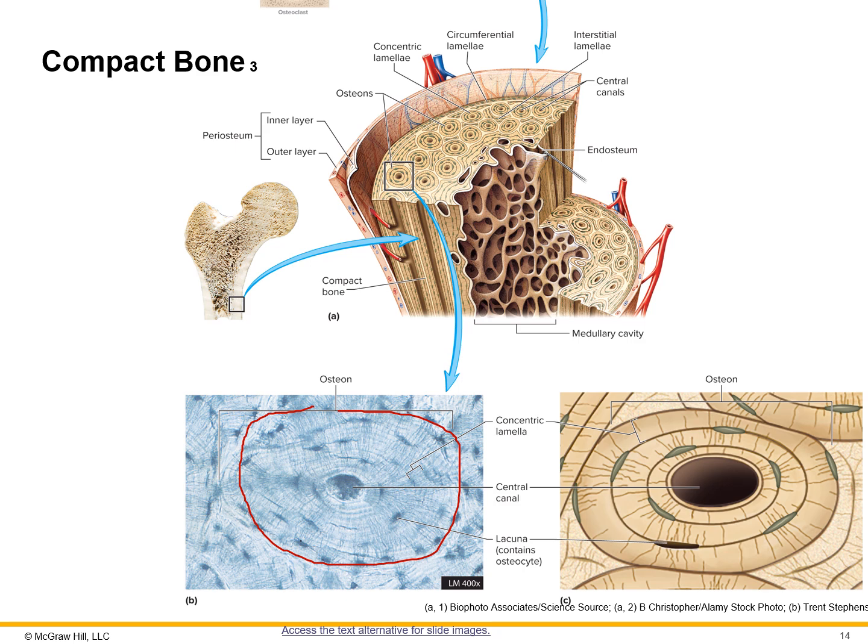So they build on top. We have this central canal in the middle, as the name implies. But then we also have these concentric lamellae that are going in parallel directions. And then the lacunae that are there as well are going to contain the osteocytes.